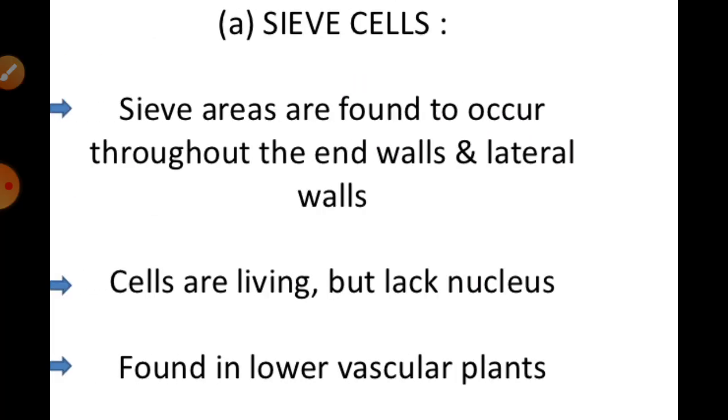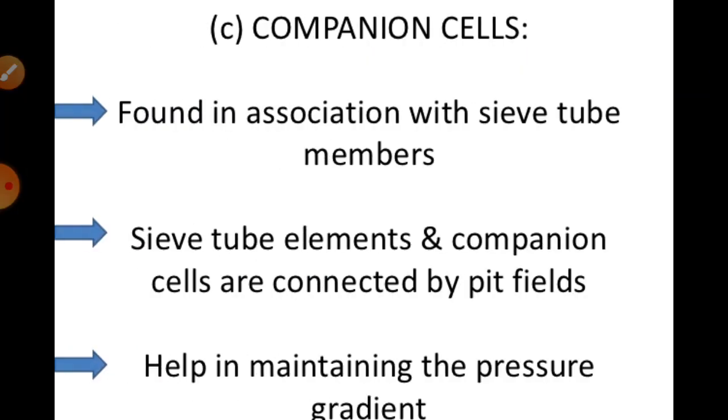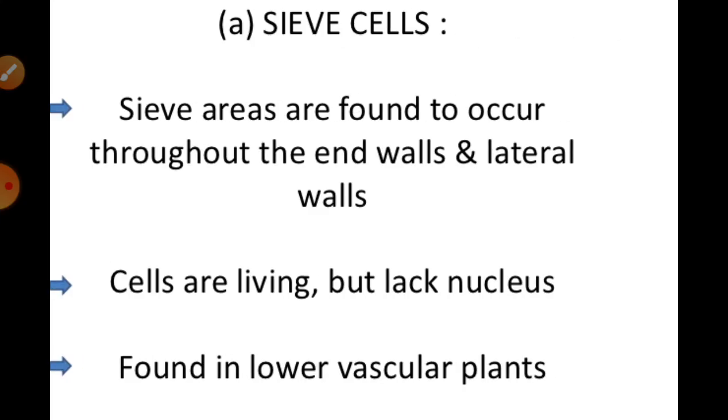So we can talk about the sieve cells first, right? It is a special kind of cell which possesses sieve areas in its several walls, and there is no special plate in it. Sieve cells are usually found in the pteridophytes and the gymnosperms. Generally in plants like the gymnosperms and pteridophytes, these sieve cells are found.